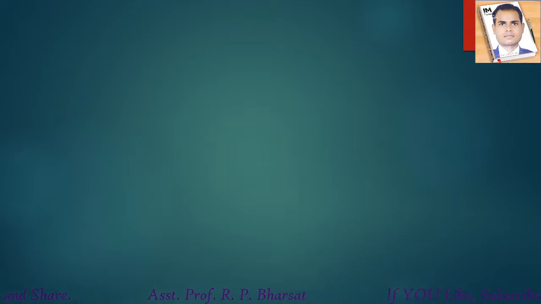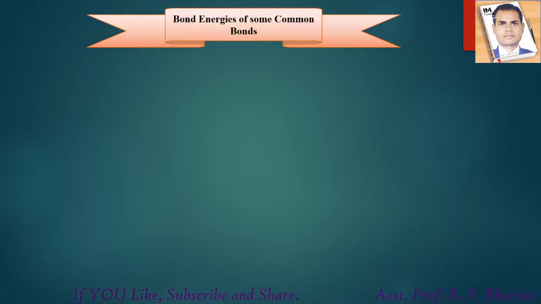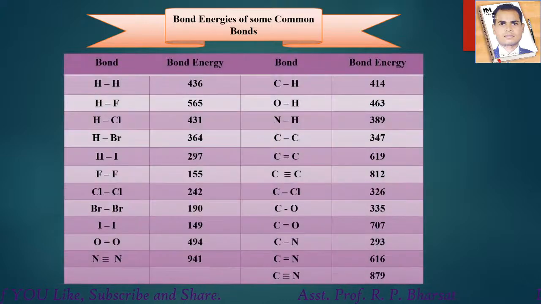So different molecules have different kinds of bonds, and different kinds of bonds have different energies. Okay, now you can see here the bond energy table is given.